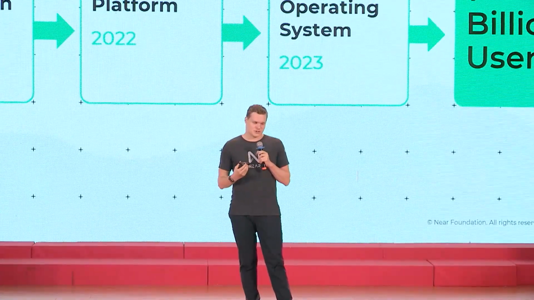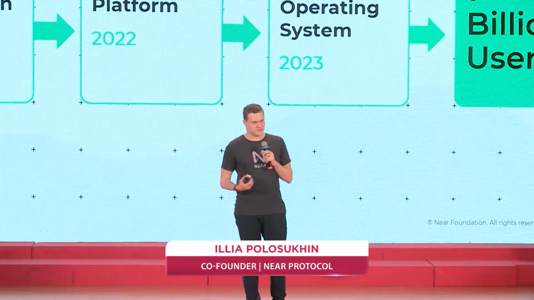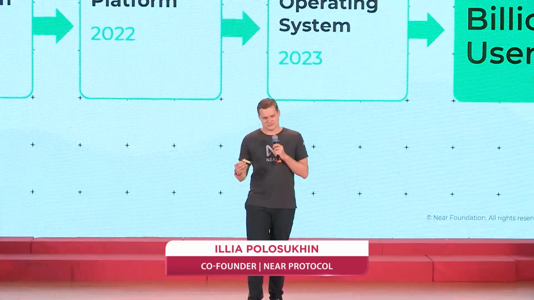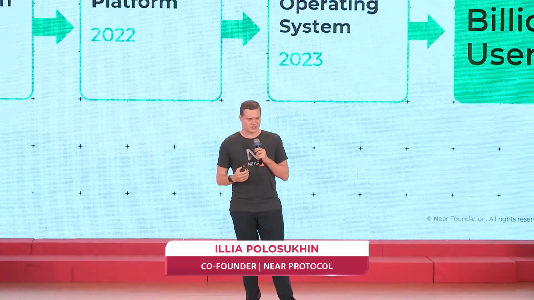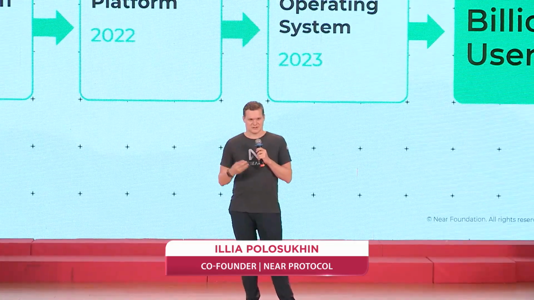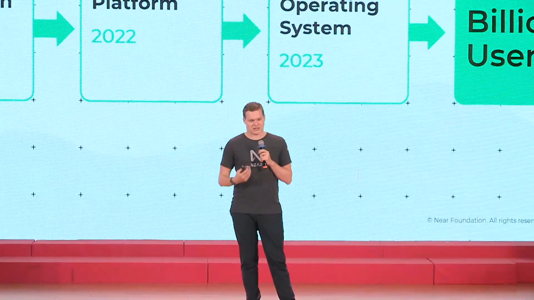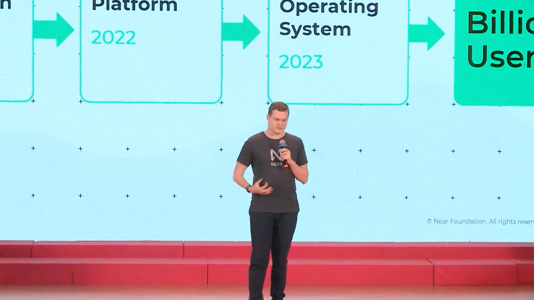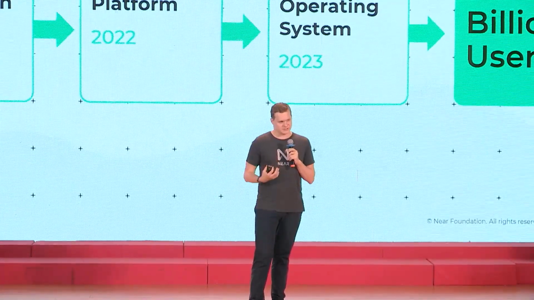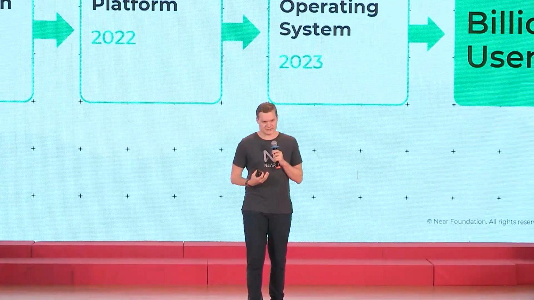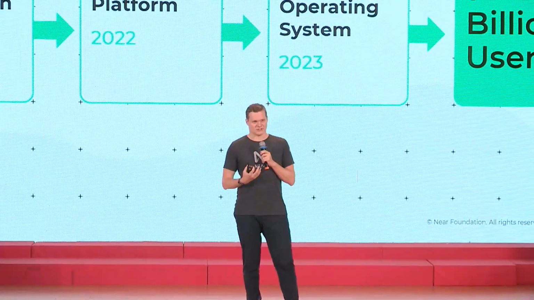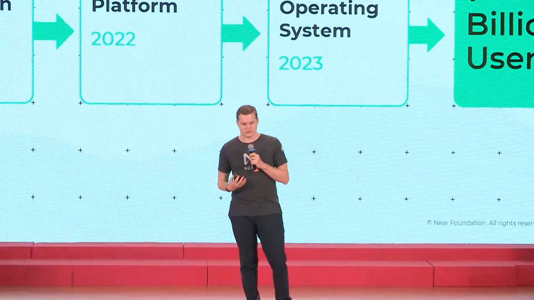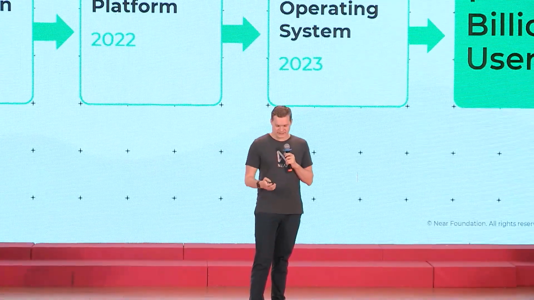And what we've encountered as we talked with developers around the world is that there are a lot of people with good ideas and smart projects, but they were still falling short on how to onboard users and how to engage them in the experience. And so we've expanded our vision to what we call blockchain operating system, to unite all of the things that the blockchain ecosystem and Web3 ecosystem is trying to do in one concept.